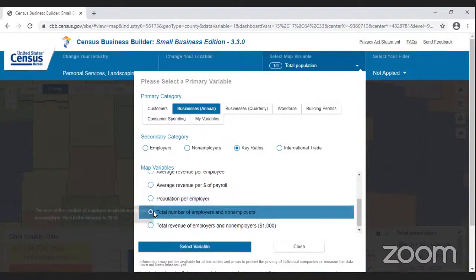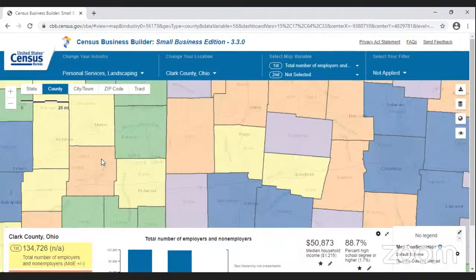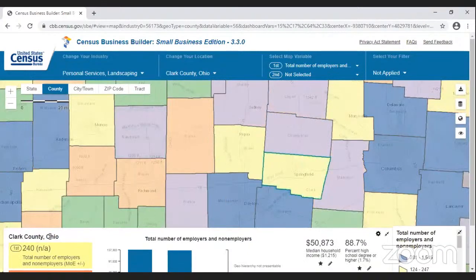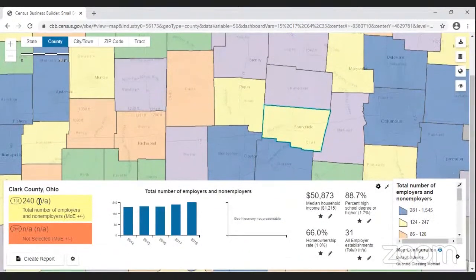So I go ahead and choose that and select variable. It's going to repaint the map and show me that, for instance, in Clark County now, there are 240 landscaping businesses with employees and without employees.